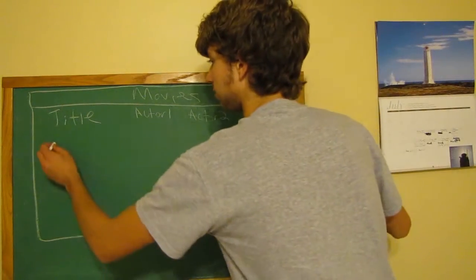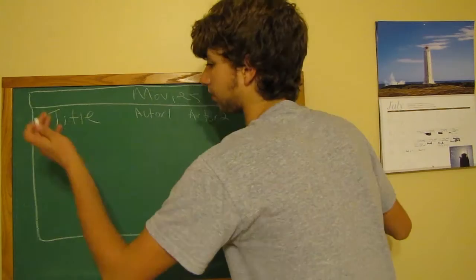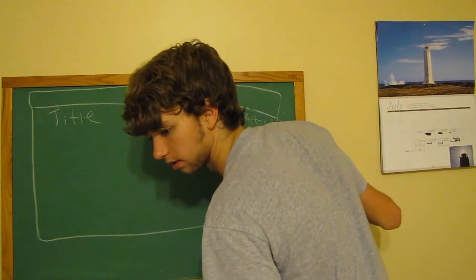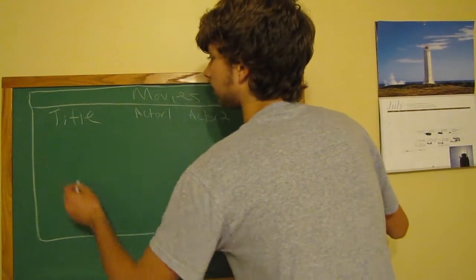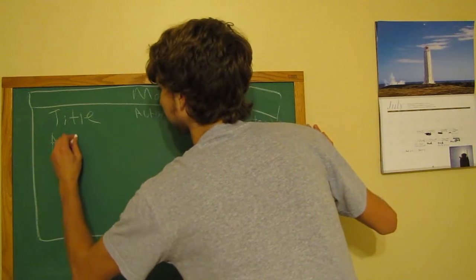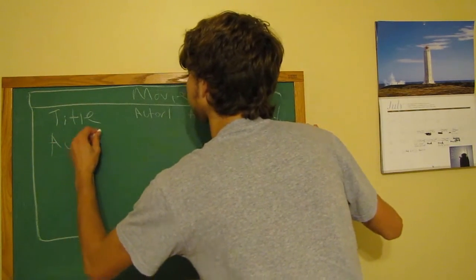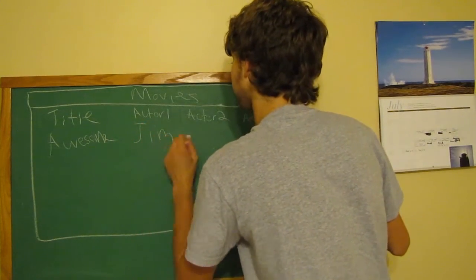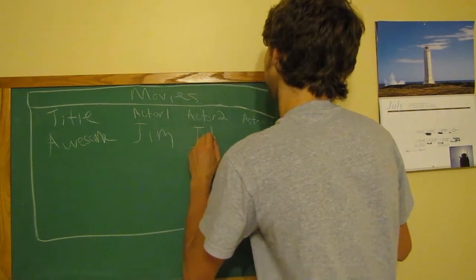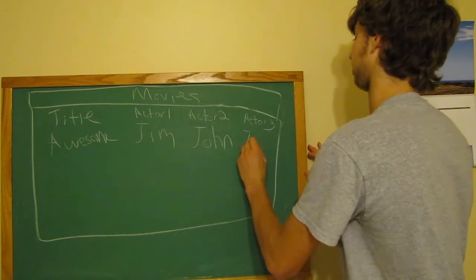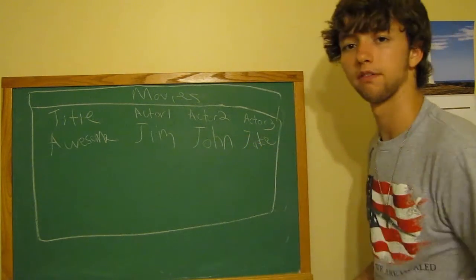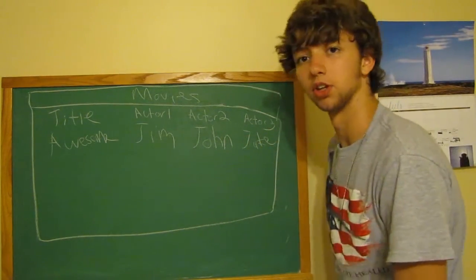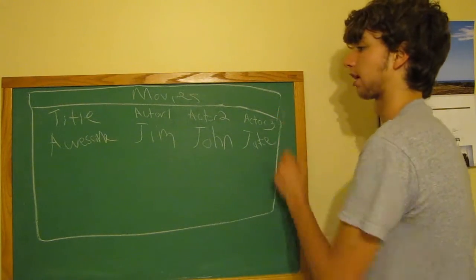Because look, let's say we have a movie named, I can't even think of anything. Awesome. Yeah, that's awesome. Awesome. And the actors are Jim, John, and Jake. Now, what if you have 4 actors? Then you would have to go and alter the table to add a 4th actor column.